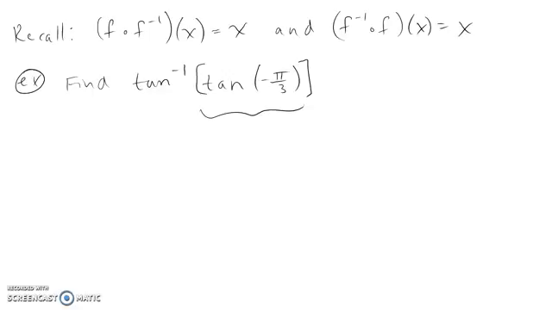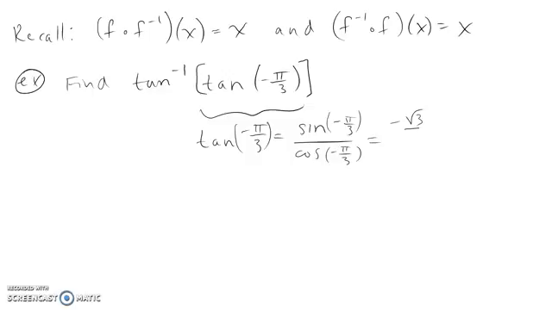What's the tangent of -pi/3? Well, tangent of -pi/3 is the same thing as sine of -pi/3 over cosine of -pi/3. From our unit circle, we know that the sine of -pi/3 is -√3/2, and that cosine of -pi/3 is 1/2. So when we simplify this, we get -√3.